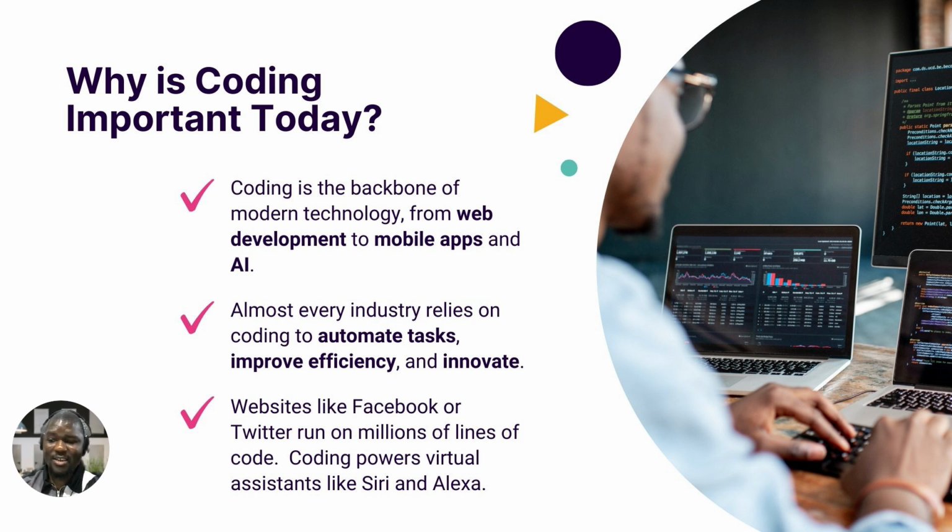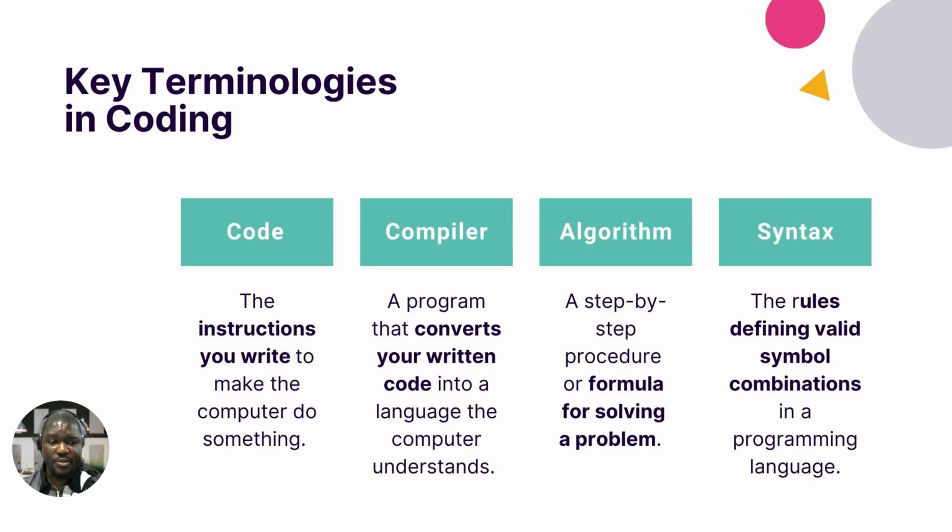In the health sector, you find a lot of machines which are instructed how to perform some instructions, because somebody had to sit down and write those instructions so that when you press ABCD, something happens. Websites like Facebook and Twitter have millions of lines of code. Coding powers virtual assistants like Siri, as well as Alexa, if you are familiar with those.